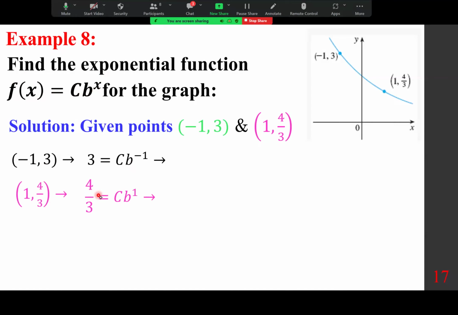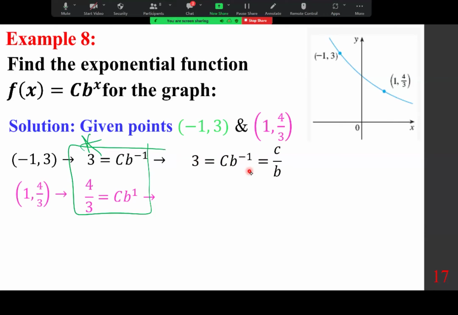So these are the two equations in essence. Two equations, two unknowns. So if you go with the first one, cb to the power of -1 means c over b. So the relationship between these two is that if you do the cross product, c is 3 times b. So I hope everybody's fine with that. That's a simple cross product. C equals 3 times b.